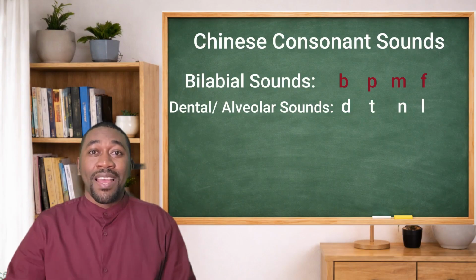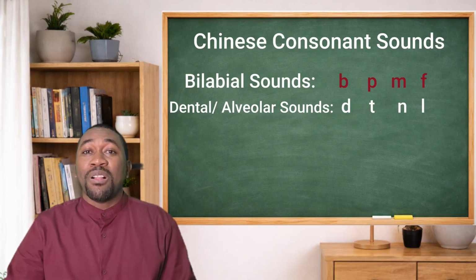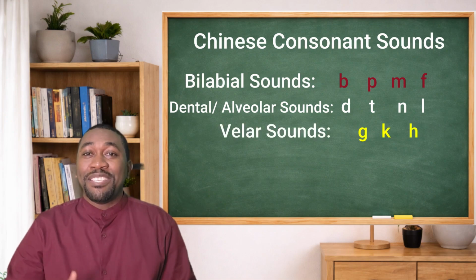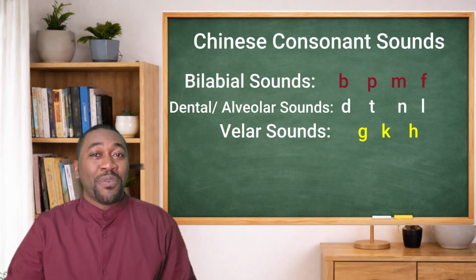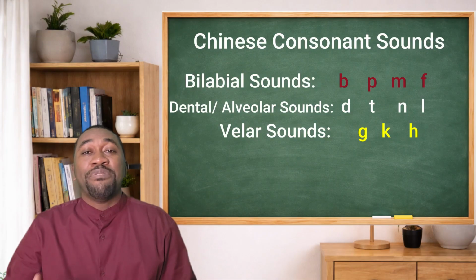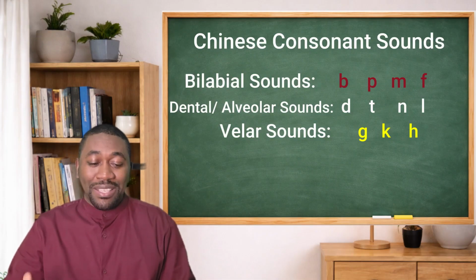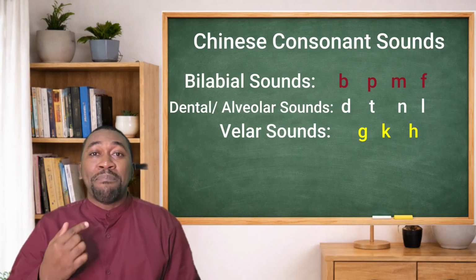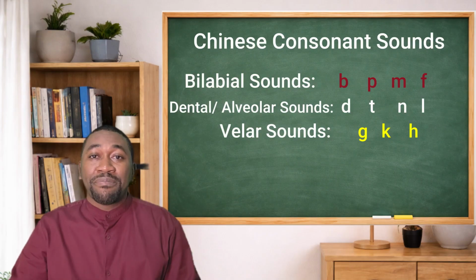Very good. The next set of sounds are called the velar sounds. Now, I don't want you to get distracted by all these fancy terminologies. We're focusing on pronouncing the consonants, but I know that some of our viewers will find this information beneficial. All right, so let's continue. Velar sounds refer to the sounds coming from the back of your mouth.